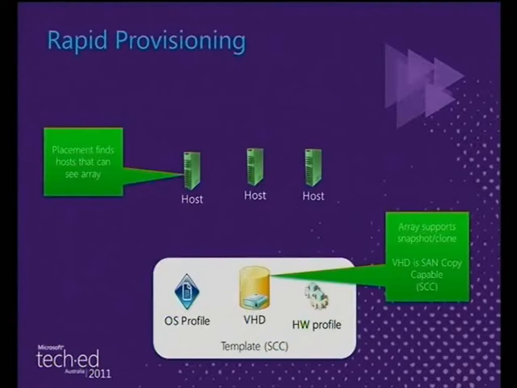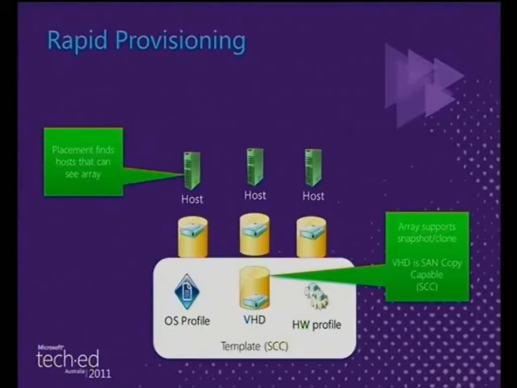Again, rapid provision. This is what we are talking about. We are running out of time, I know. We have the hosts. I need now to create the OS profile. Every time I create a template, I need to tell which OS is going to run on that machine. I need to create one for each machine.